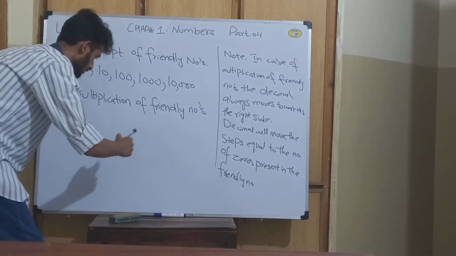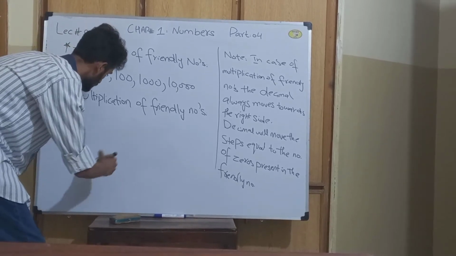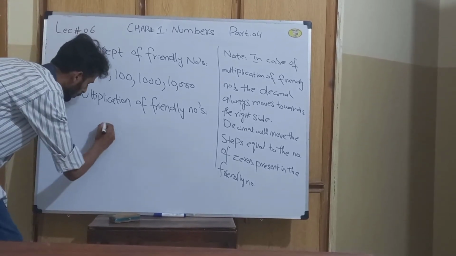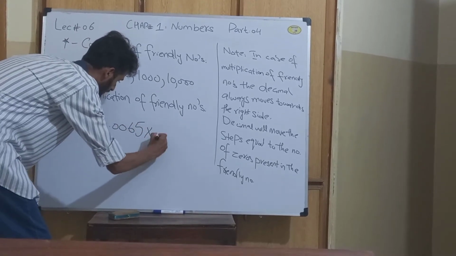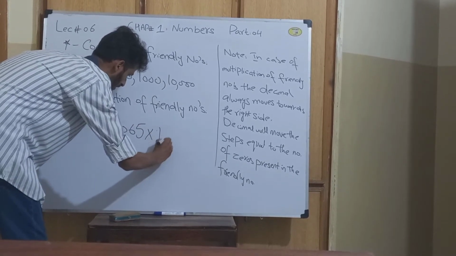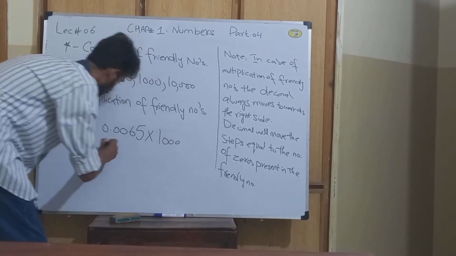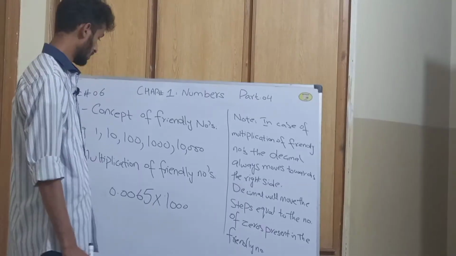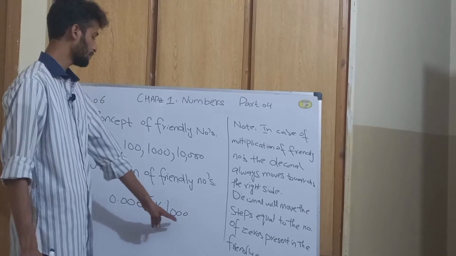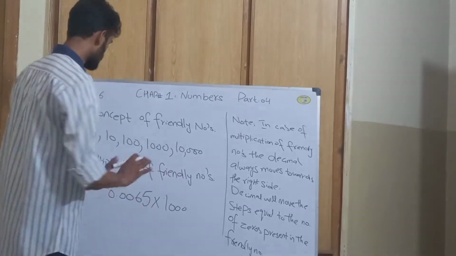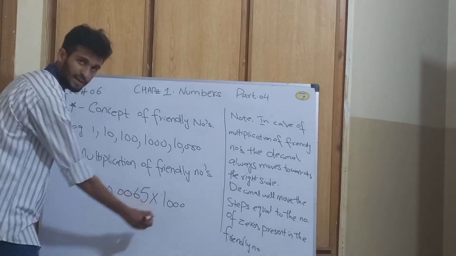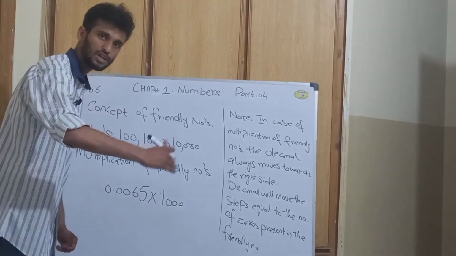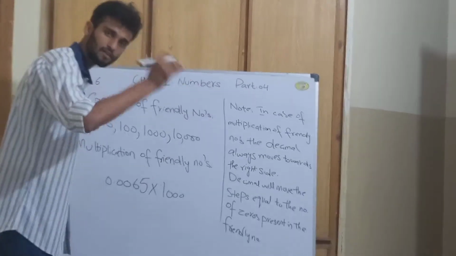Now I have a quiz for you. I have a question for you: 0.0065 multiplied by, let's say, 1000. Pause the video and solve this question. So here in this friendly number we have 3 zeros. It's clear that we will move 3 steps, and as it is multiplication, we will move 3 steps forward towards the right side.